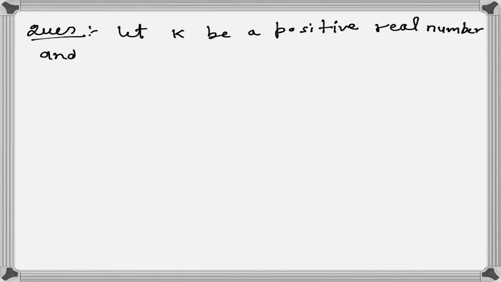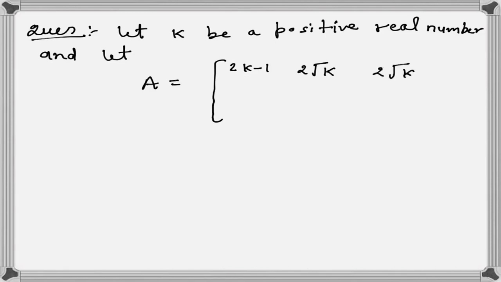Let k be a positive real number, and let A be a 3 cross 3 matrix defined as: first row k minus 1, 2 root k, 2 root k.